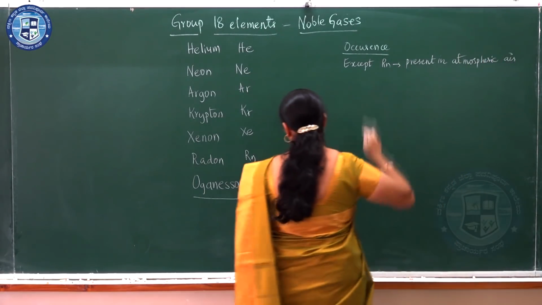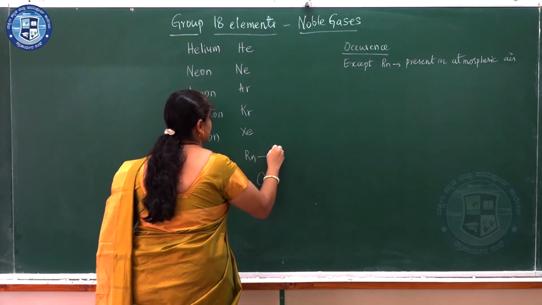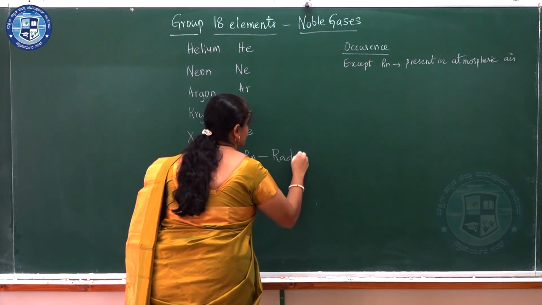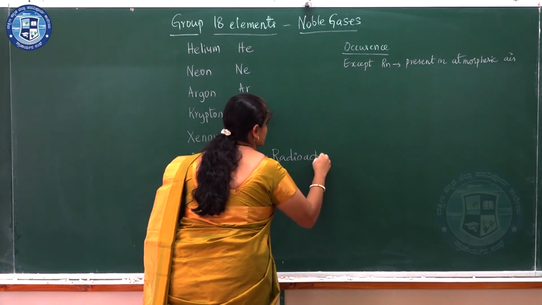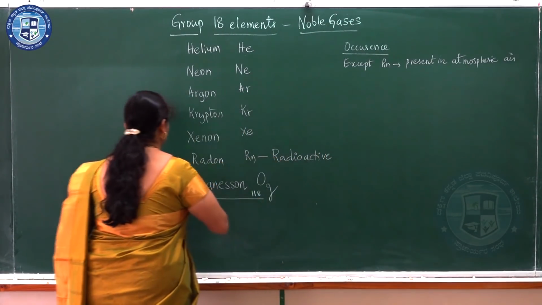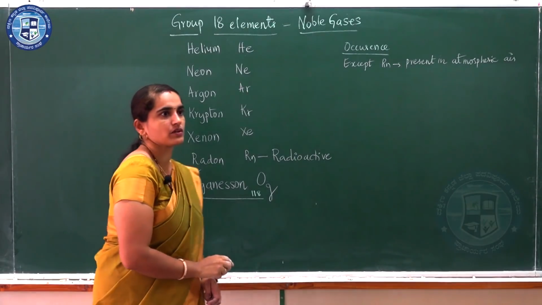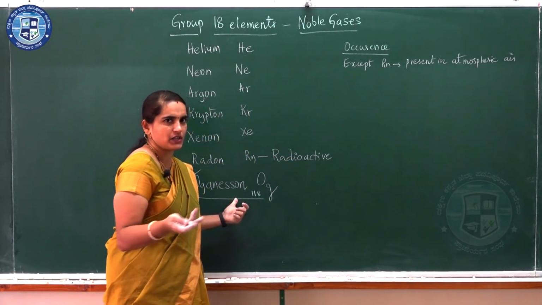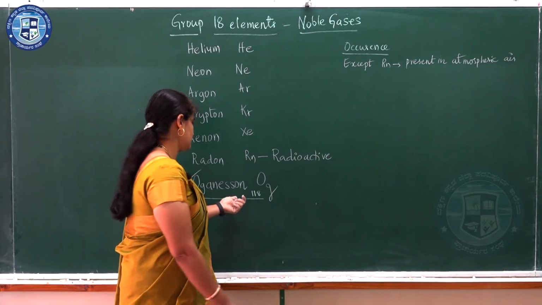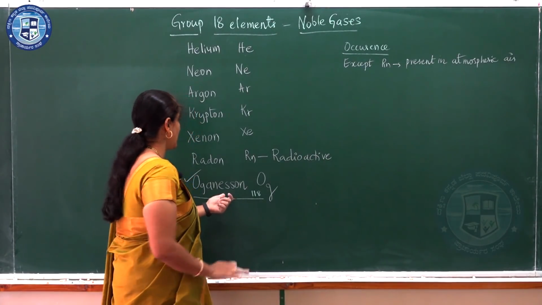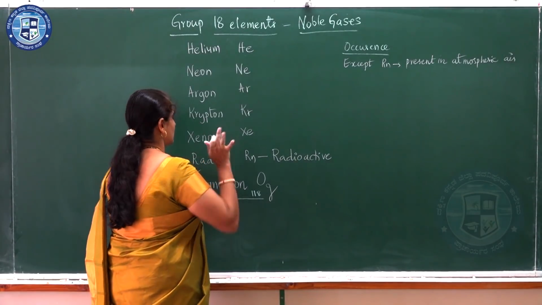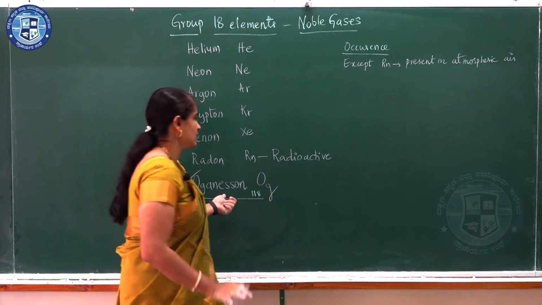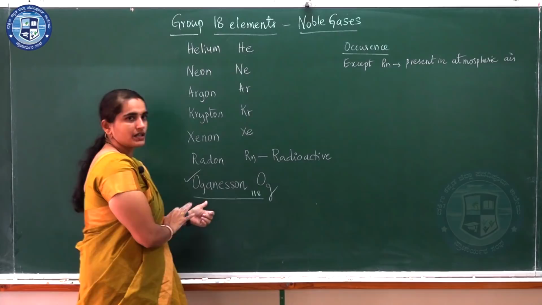Radon is radioactive. The study is not extended, and only one line is said about oganesson in the new versions of the textbook. So this might also be radioactive. Our study will be limited till radon only. Just one line is given in your text, but just remember this one.